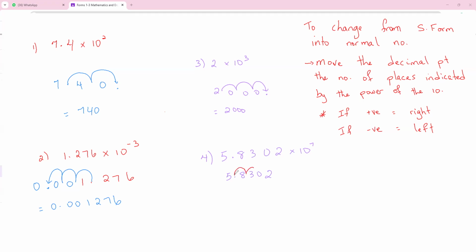So that's 1, 2, 3, 4, 5, 6, 7. Where you land, you put your point. Every hump, you fill with a 0. Right? So you end up with this number. And that's it.